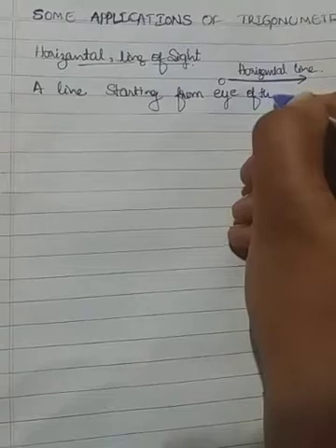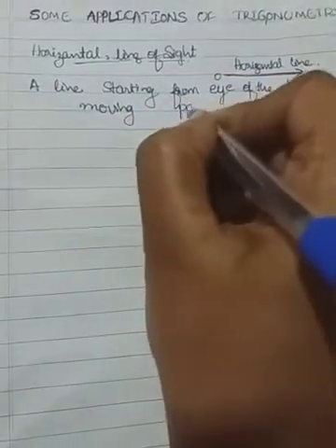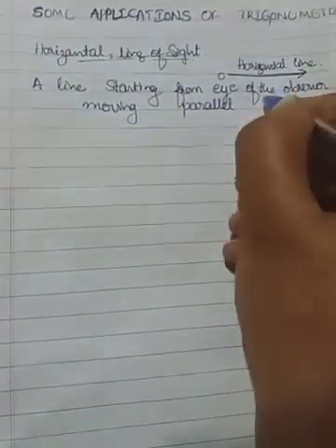What is meant by horizontal line? A line starting from the eye of the observer, moving parallel to the ground level.